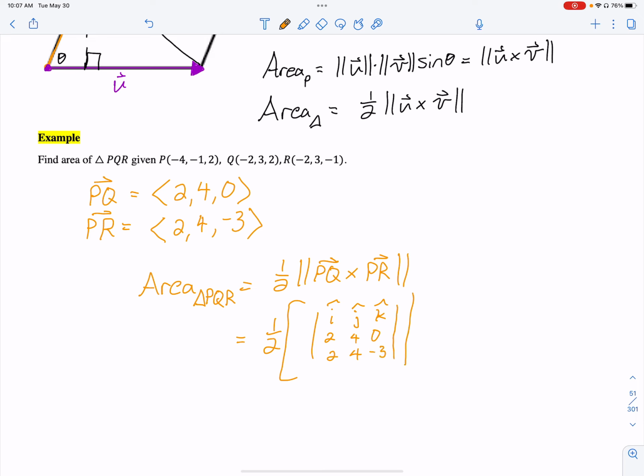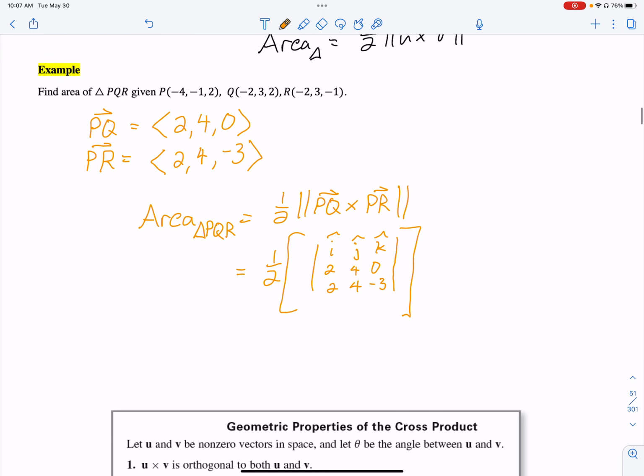There's my determinant, and then we'll put brackets on the outside of that. Okay, so we get 1/2, put a big bracket, and then I'm going to write this in here. Okay, we've got 4, 0, 4, -3, i, minus 2, 0, 2, -3, j, plus 2, 4, 2, 4, k.